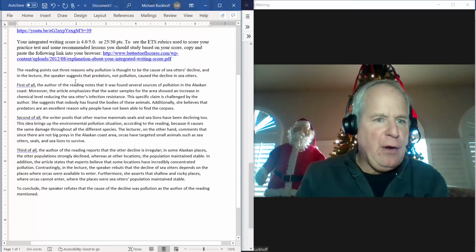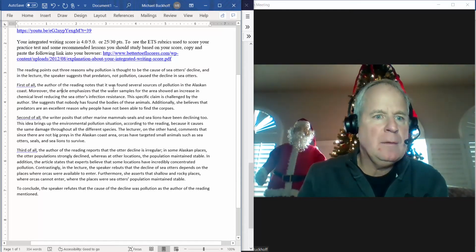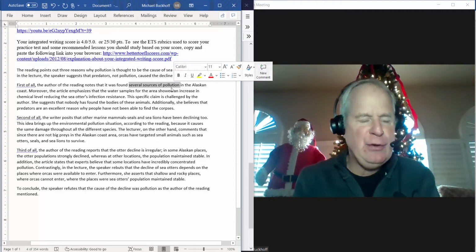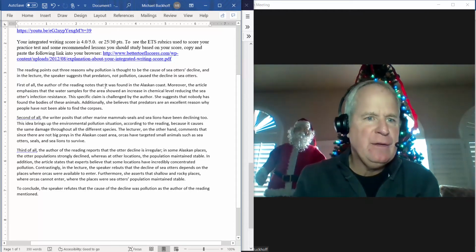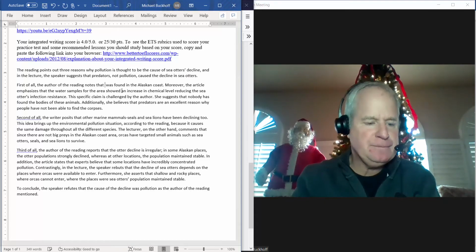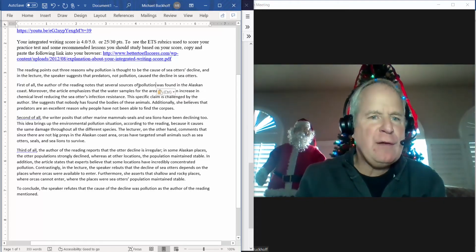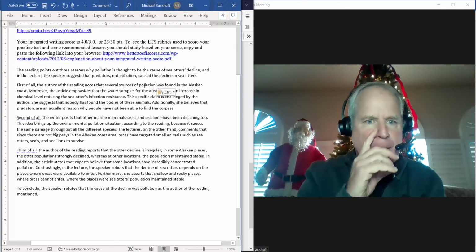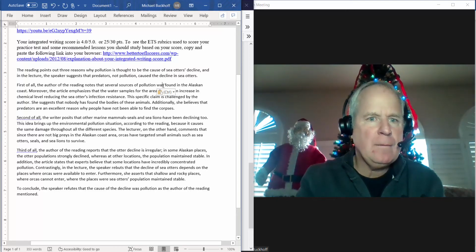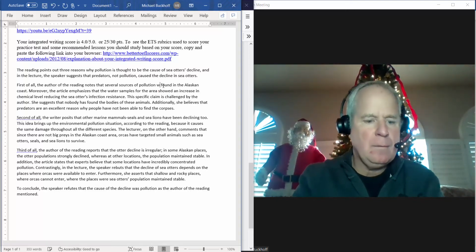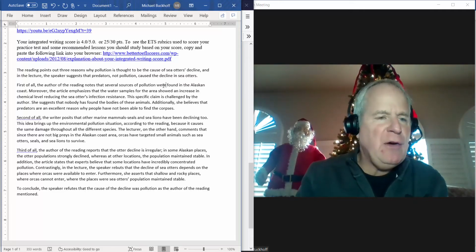Okay, first of all, the author notes that it was found. That's word order. That's not natural. So you want to put the subject first here. You don't even need it. So they found that several sources of pollution were found in the Alaskan coast.